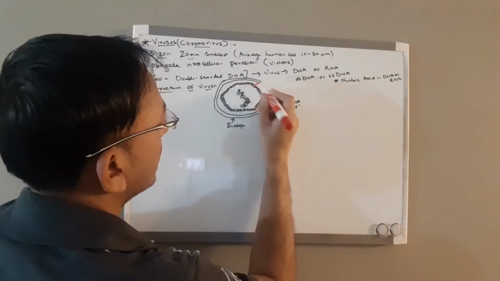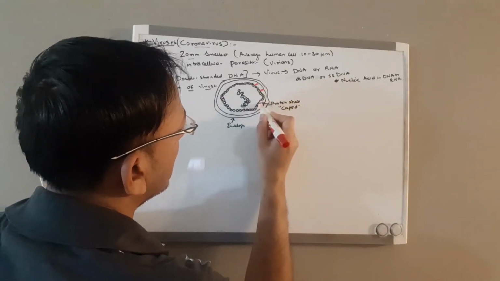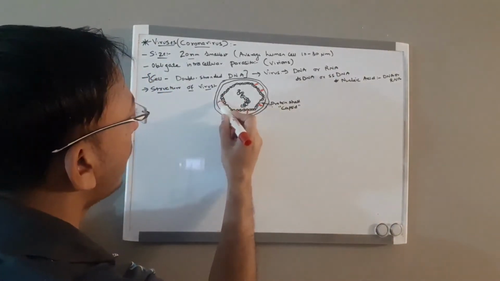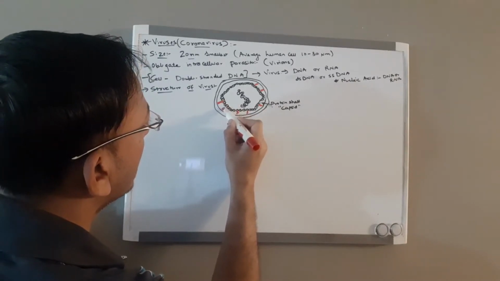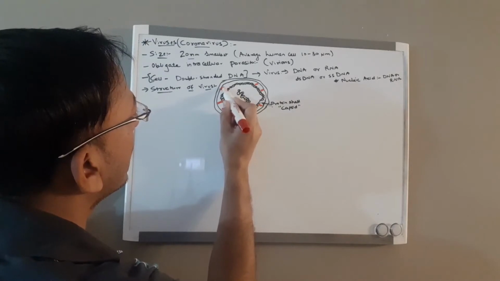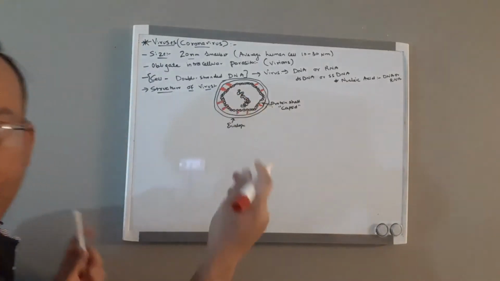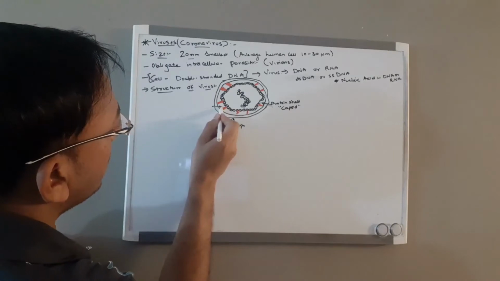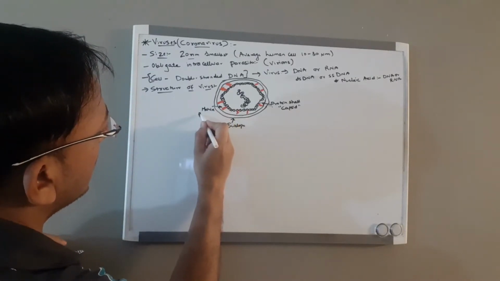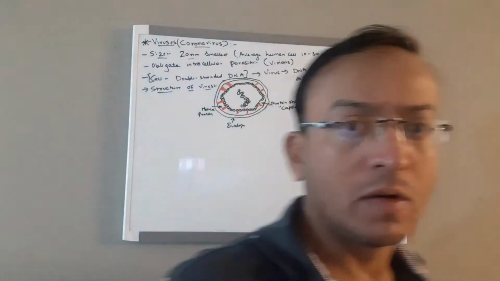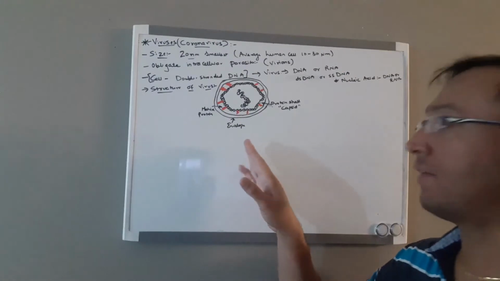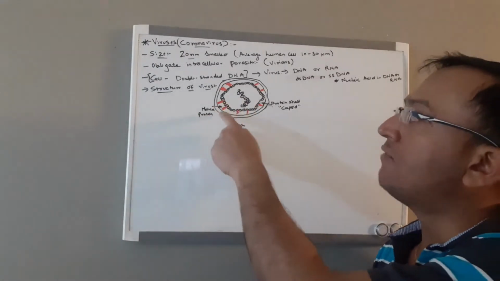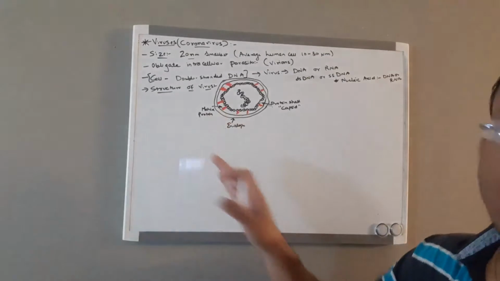So viruses often have this kind of protein called matrix protein, and the function is that it connects the envelope to the capsid. Right? That's the function of this matrix protein.